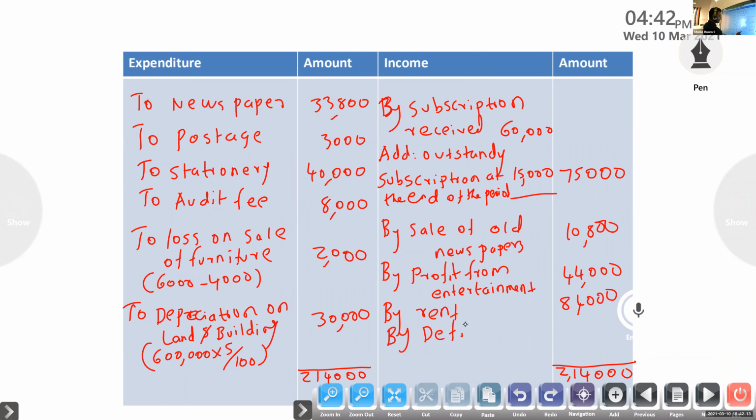deficit. If it is on the expenditure side, first question, deficit. Otherwise, every time you will write surplus only. So it is a deficit, excess of expenditure over income.